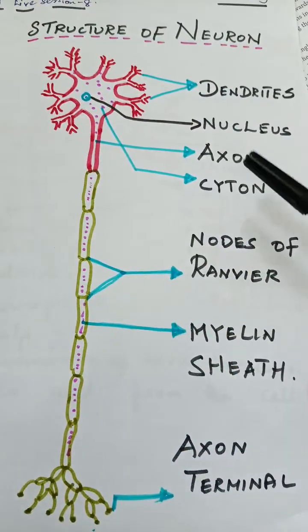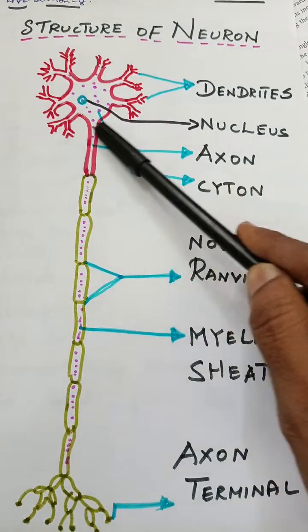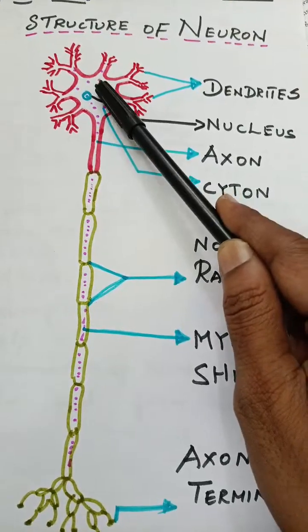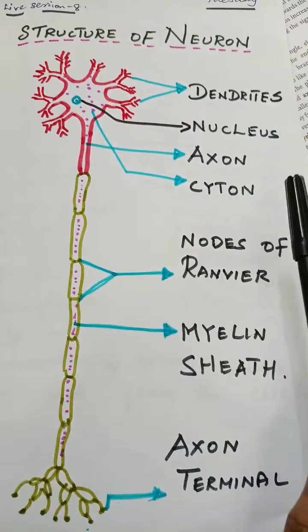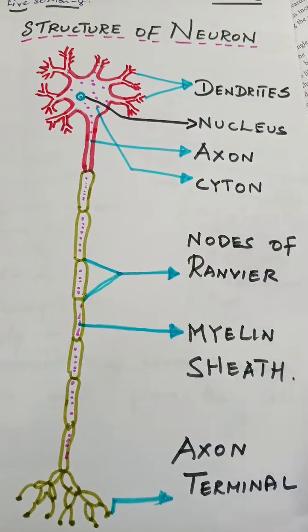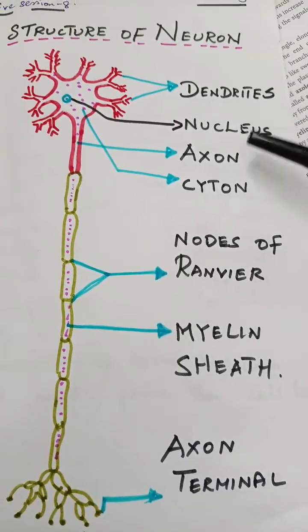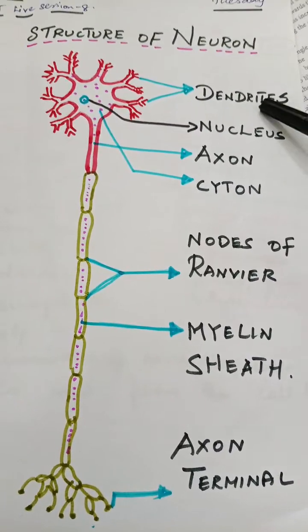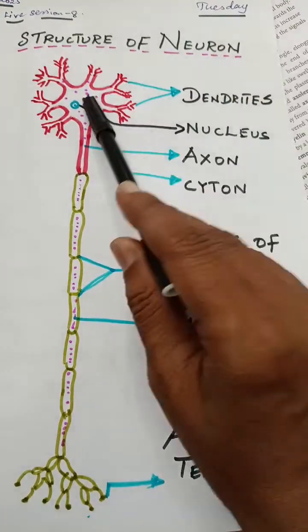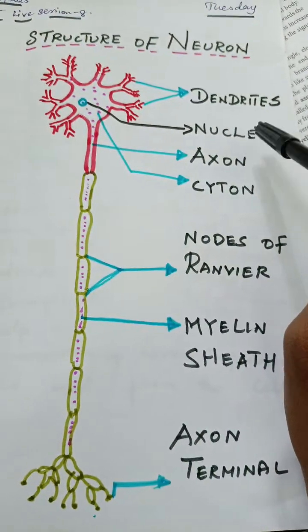The cell body is known as the cyton. The basic parts of the neuron are the cyton, the axon, and the dendrites. Is that clear? Inside the cyton, that cell body only, you will have the nucleus.